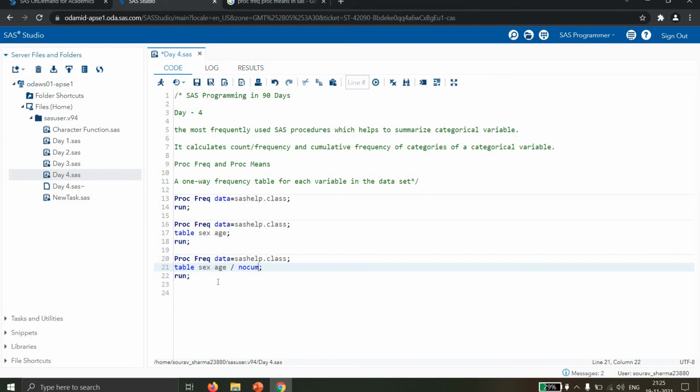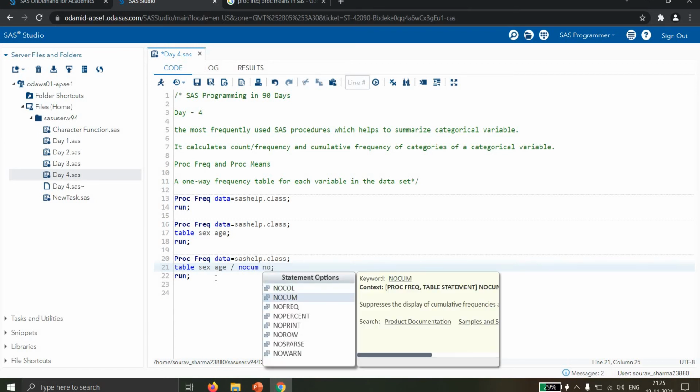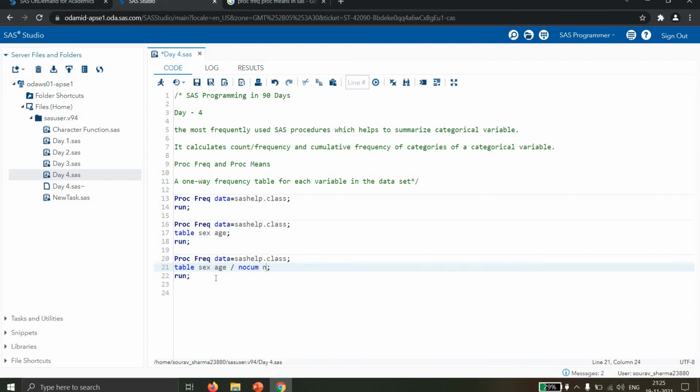Or if you are looking for no percentage, you can write nopercent. Likewise nofreq, noprint, norow; I can write anything. Let's suppose I'm looking for no cumulative frequency.